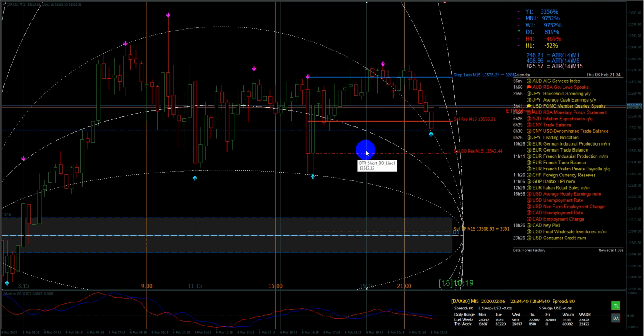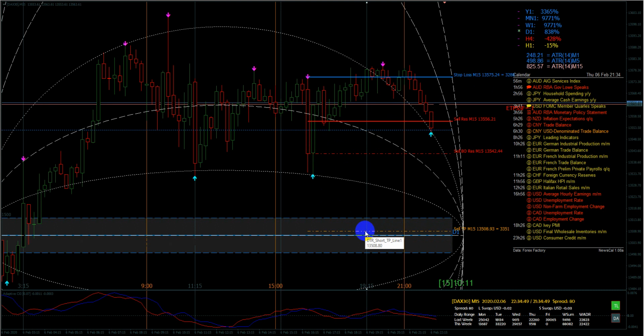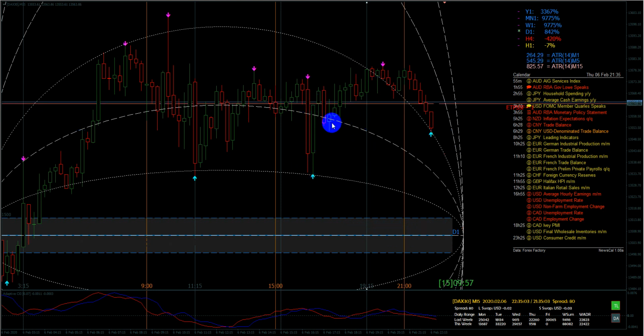So the situation did suggest that the market might be trying to go back to the daily close from yesterday right here, but it just bounced off this support line again, and turned almost all the way back up.